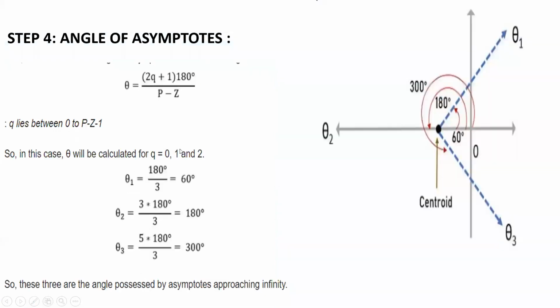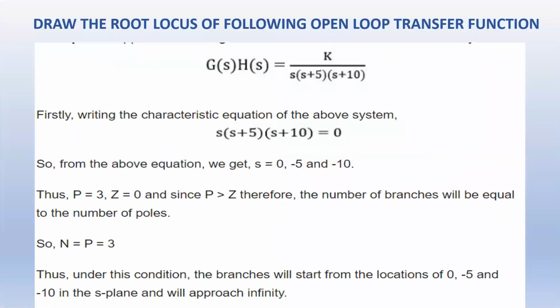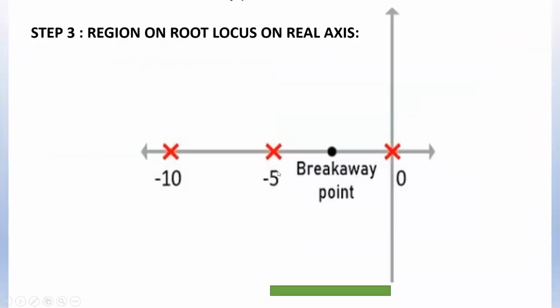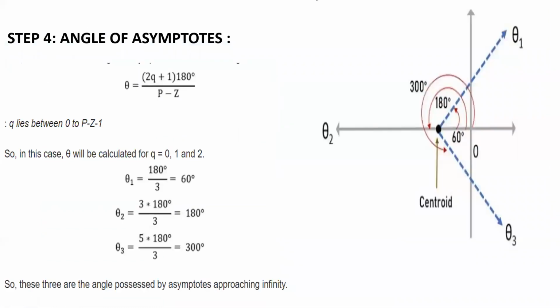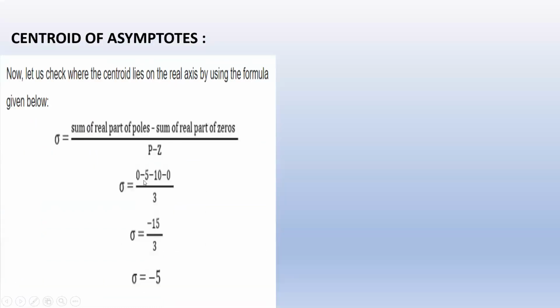We have poles at 0, -5 and -10, all of them real. So 0 is a pole, -5 is a pole, and -10 is a pole.